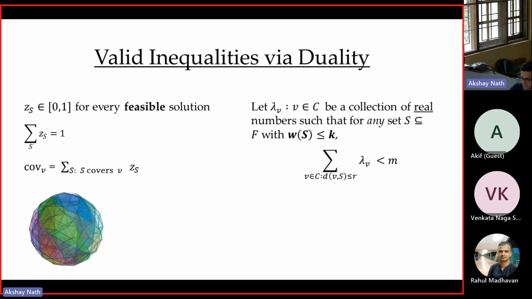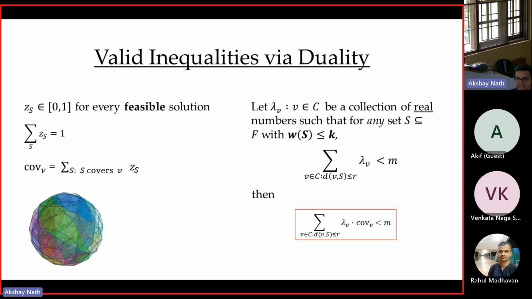So lambda v's are real numbers, they could be negative as well, with the property that for any feasible solution, the lambda weight of the clients covered by it is strictly less than n. Then I can assert that this is a valid inequality.